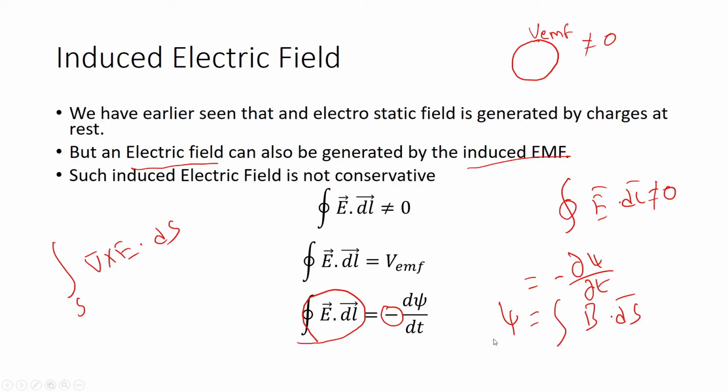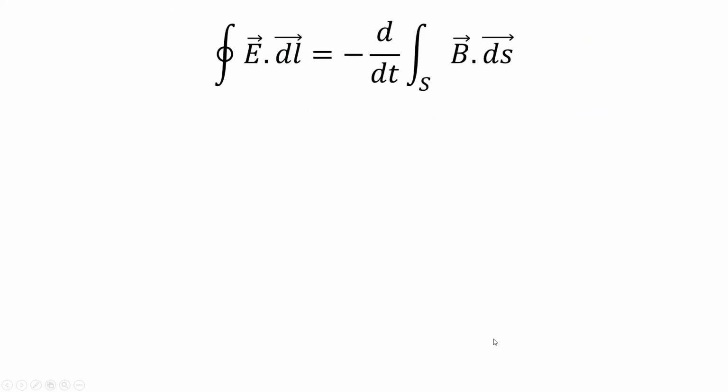Therefore, I can write that the integral of E bar dot dl bar is equal to minus d by dt of the surface integral of the magnetic flux density.